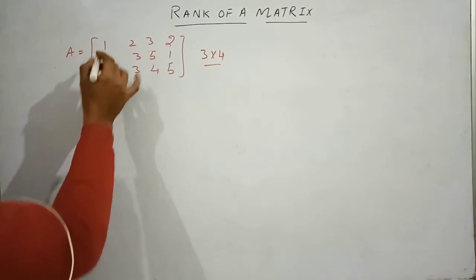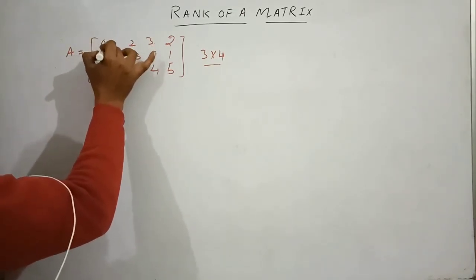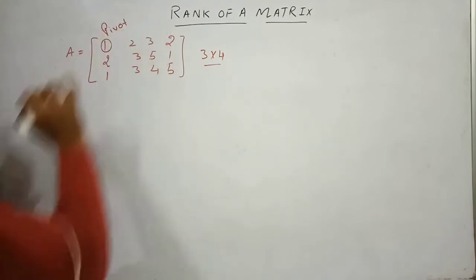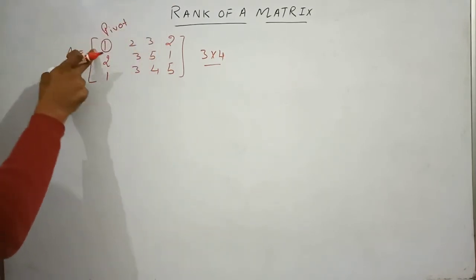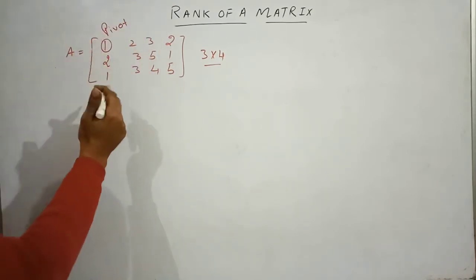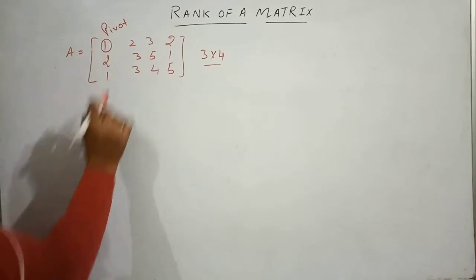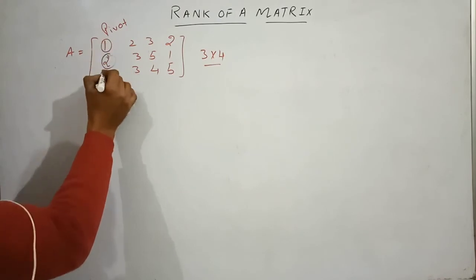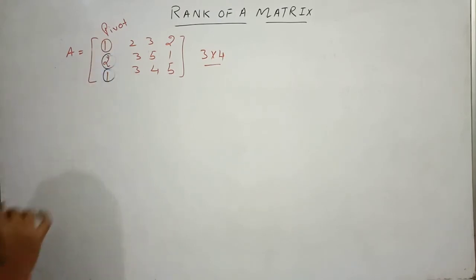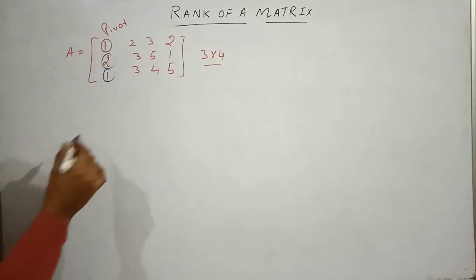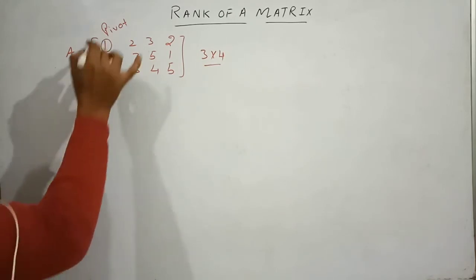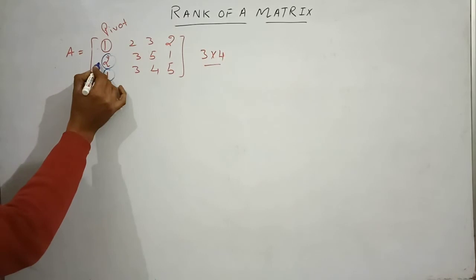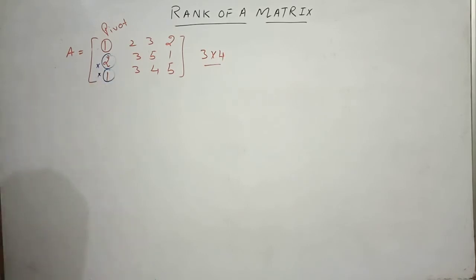First of all, take this element as pivot, or we can say fixed, and we will make the elements below this element 0. In the first column, take this element as fixed and make all other elements 0.